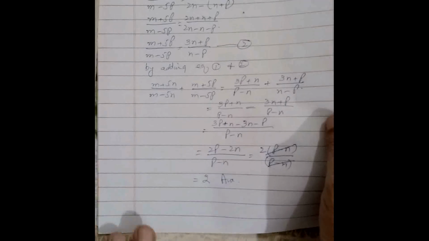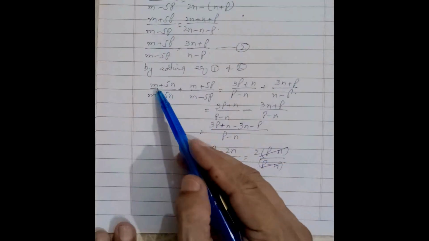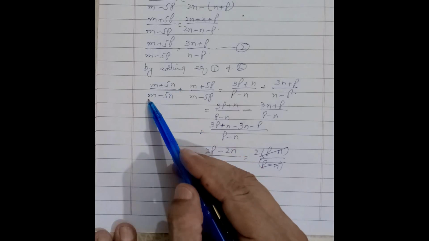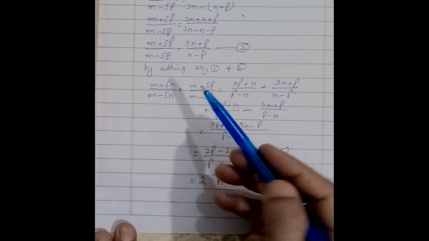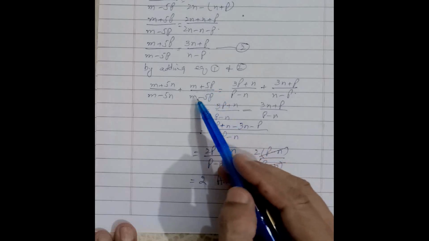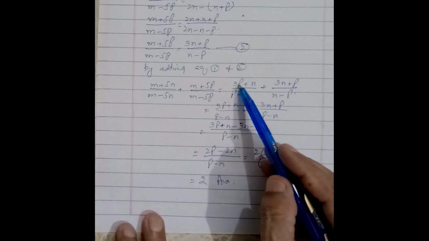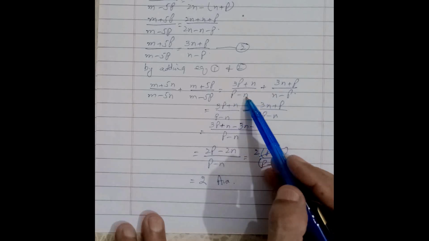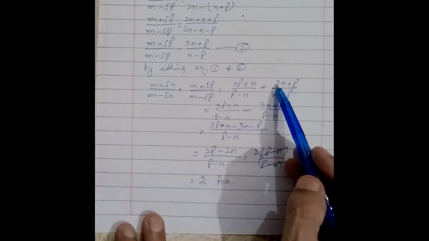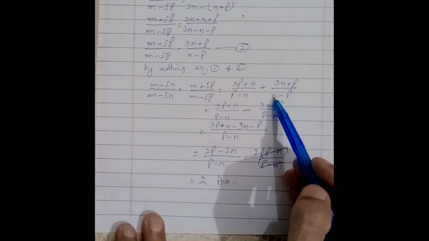Now we add equations 1 and 2. We get (m plus 5n) over (m minus 5n) plus (m plus 5p) over (m minus 5p) is equal to (3p plus n) over (p minus n) plus (3n plus p) over (n minus p).